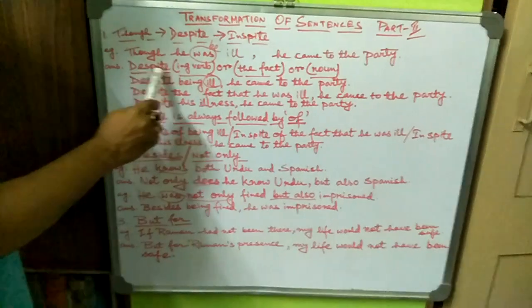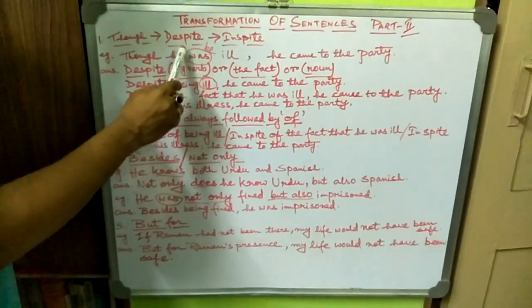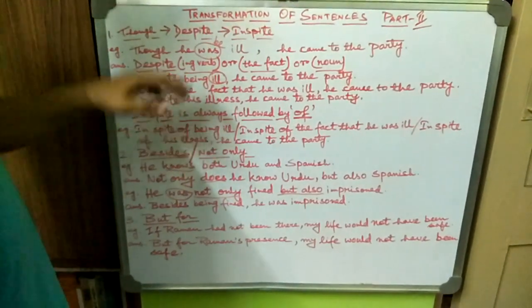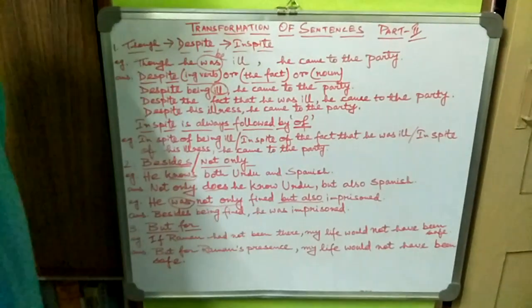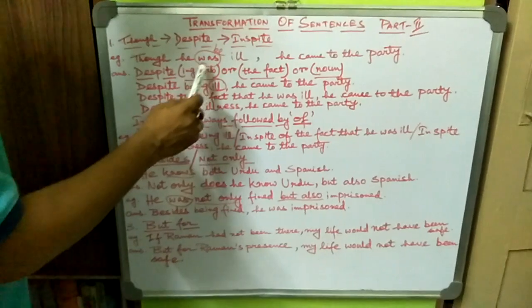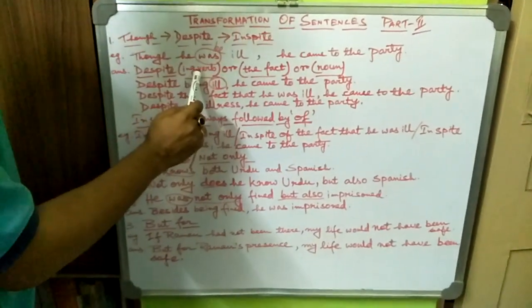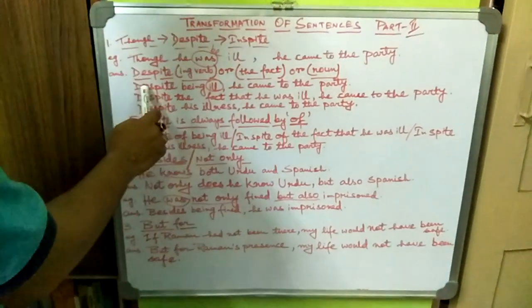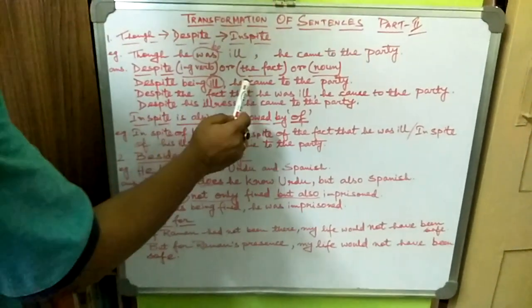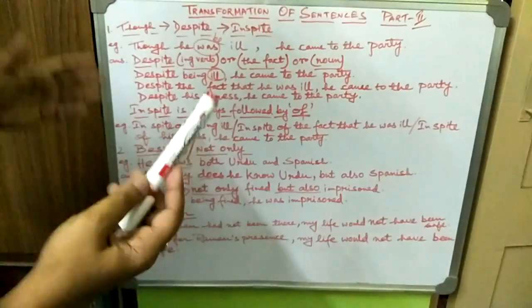Begin the sentence with despite, then use the ing form of the verb given. What is the verb given? Was. Now was is a be verb, so whenever we use the ing form, it becomes being. So, despite being ill, he came to the party.